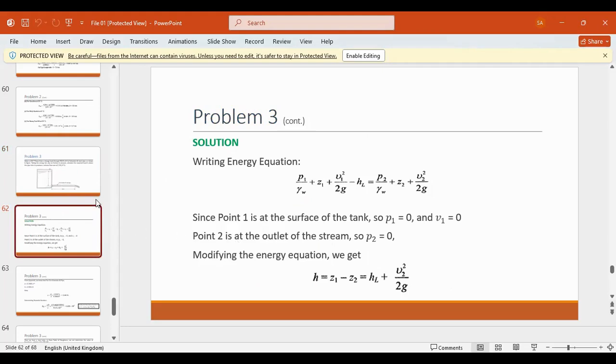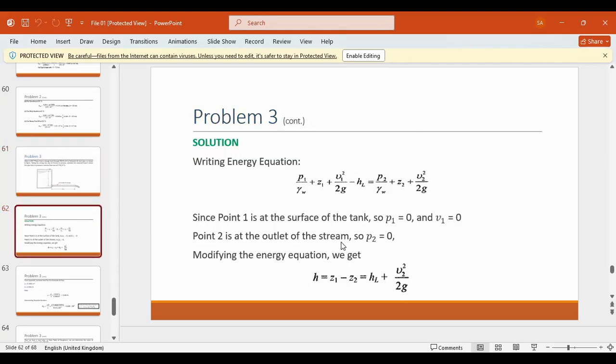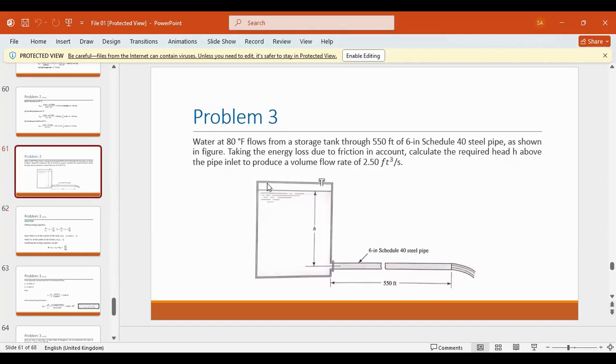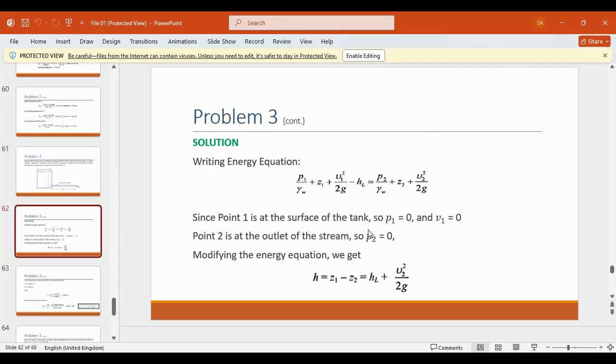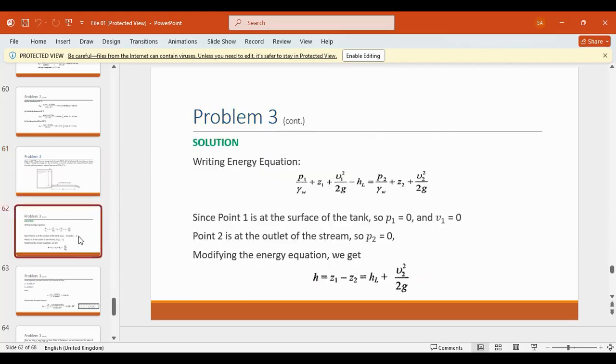So, point 1 lies at the surface of the tank. The pressure P1 here will be equal to 0, and the velocity V1 at the surface of the tank is also 0.